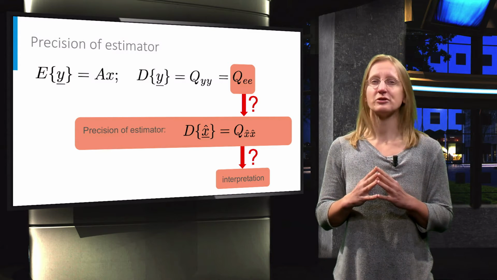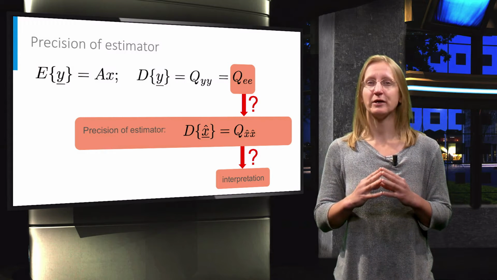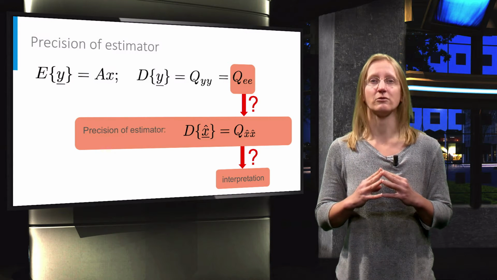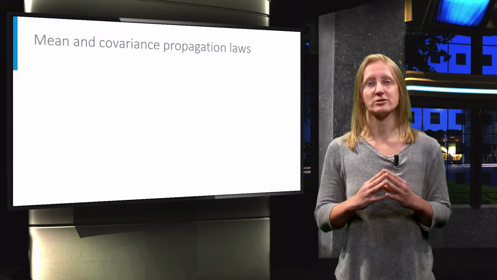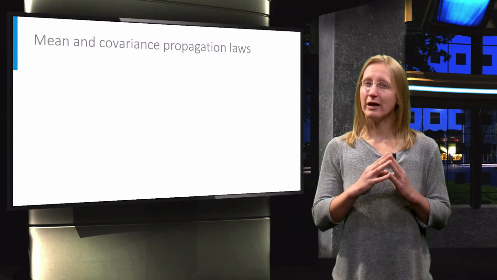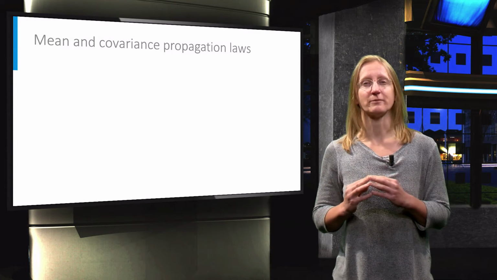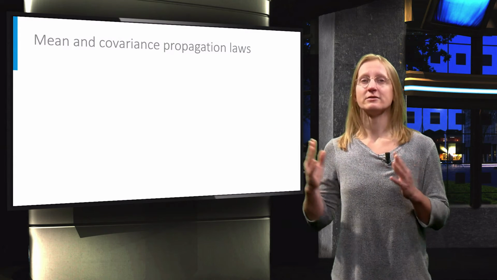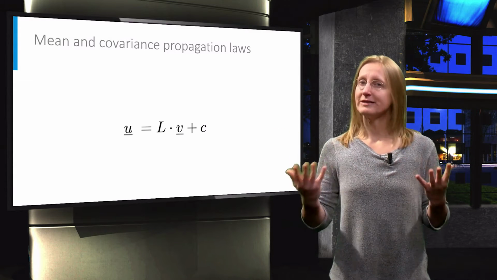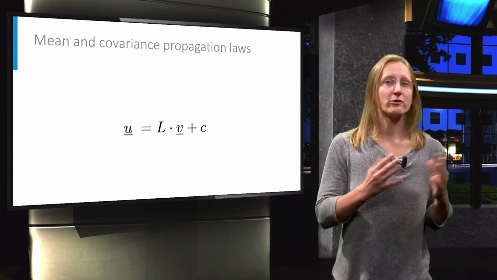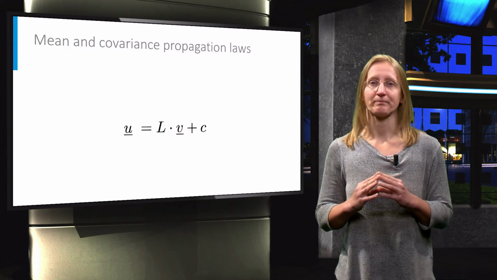In order to do so, we first need to introduce two important statistical laws: the mean propagation law and the covariance propagation law, which will allow you to apply error propagation. We will present those laws for linear functions only, since we are only dealing with linear or linearized models in this course.